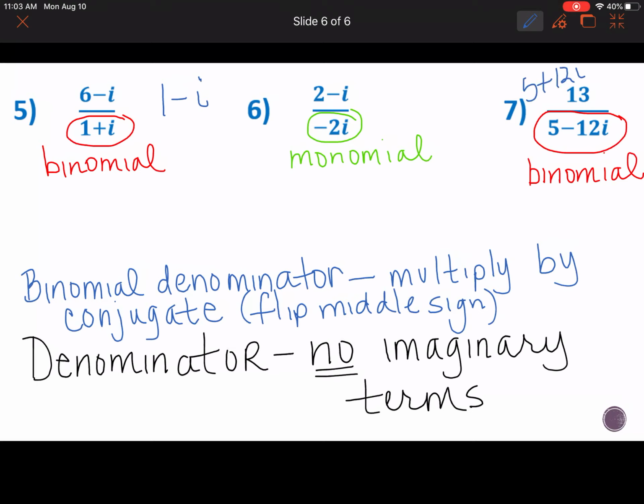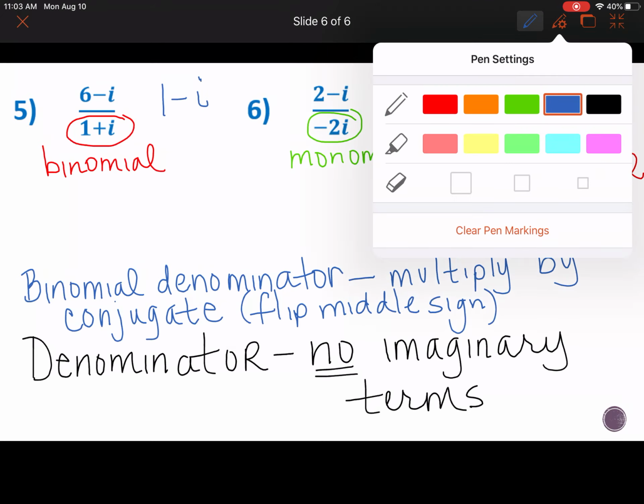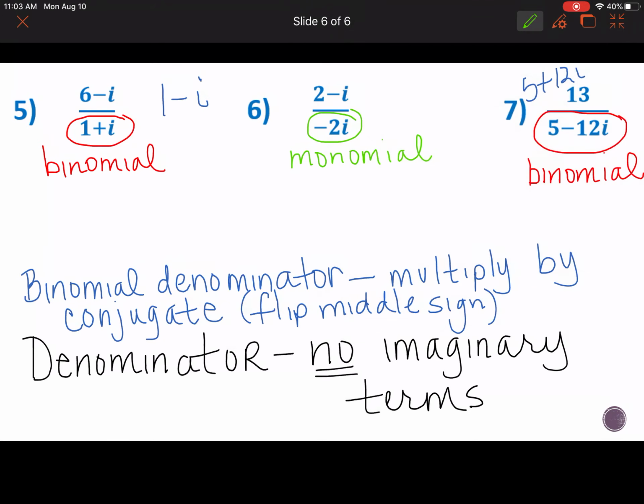I'm actually going to work through these in a second. I just wanted to give you a little bit of background. For the monomial, all we need to do to eliminate i is multiply by i.